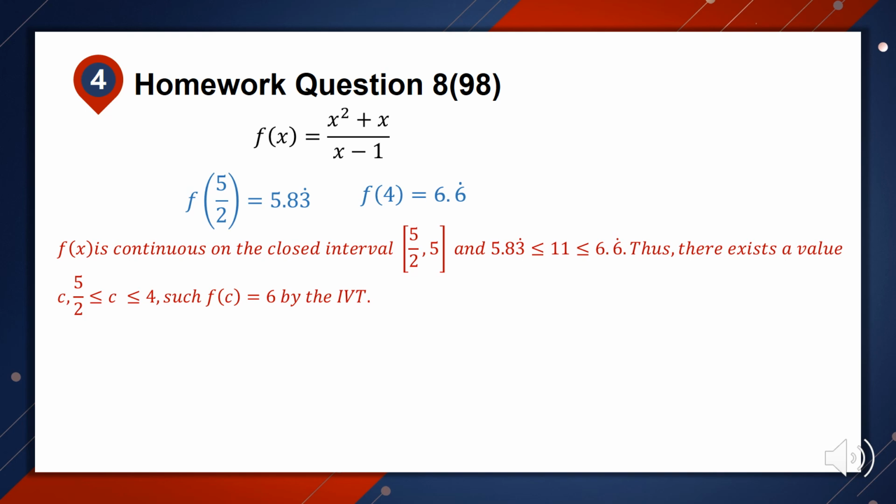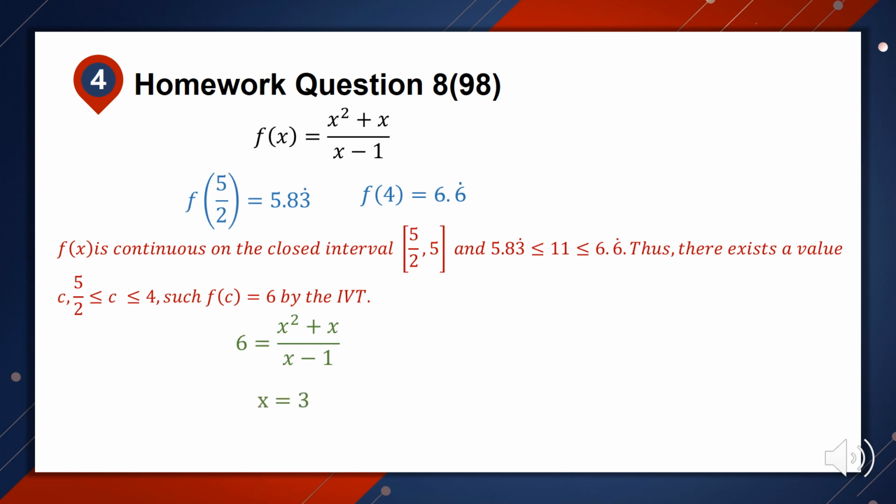Thus, there exists a value c, where 5 over 2 is less than or equal to c, and c is less than or equal to 4, such that f of c is equal to 6 by the intermediate value theorem. And 6 is equal to x squared plus x over x minus 1. So x is equal to 3.